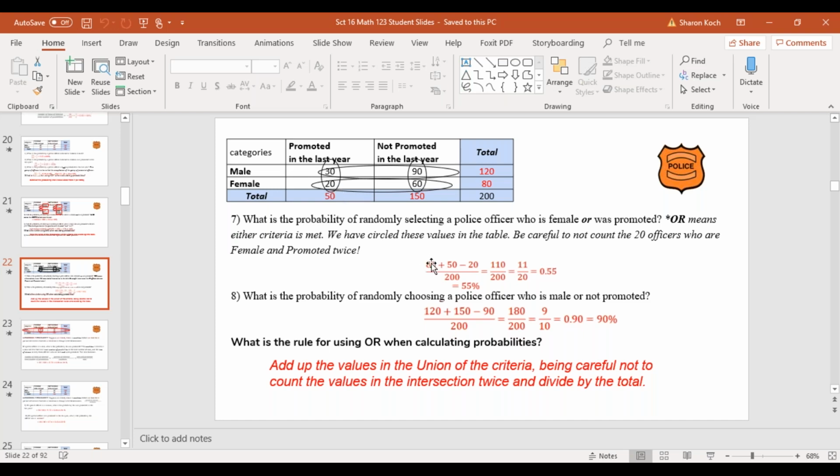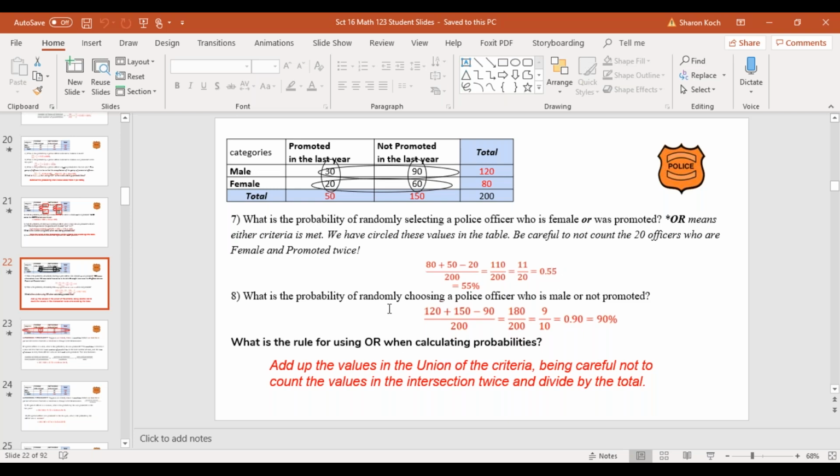So notice we had 80 plus 50, and then we're going to subtract that overlap of 20. Okay, so it's important to be really careful and read these statements carefully here. So in this case, we have a 55% probability, because if I convert this to a percent, that I'm going to pick a name at random who is female or someone who was promoted in the last year.